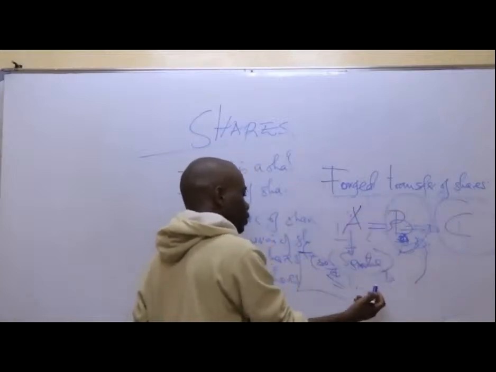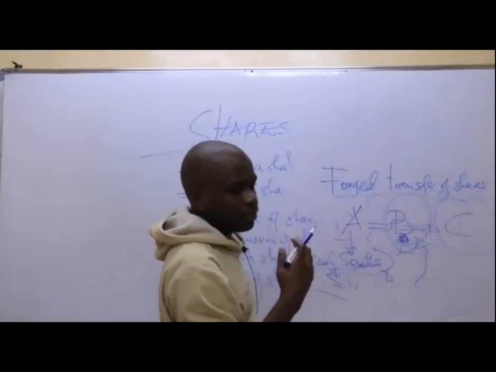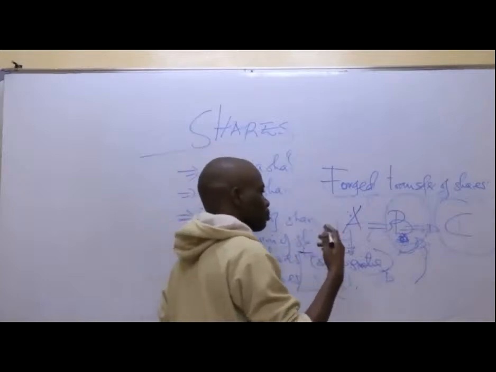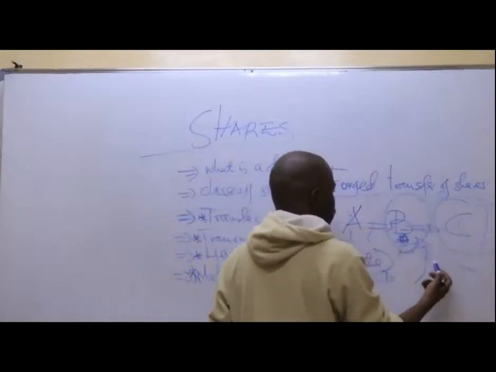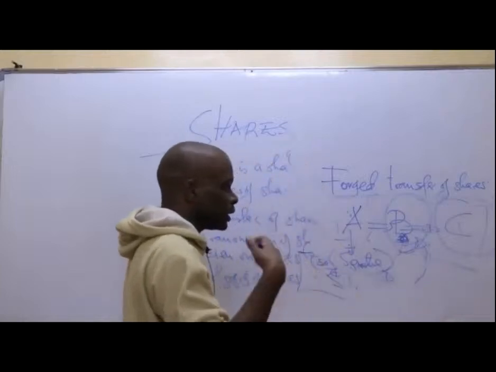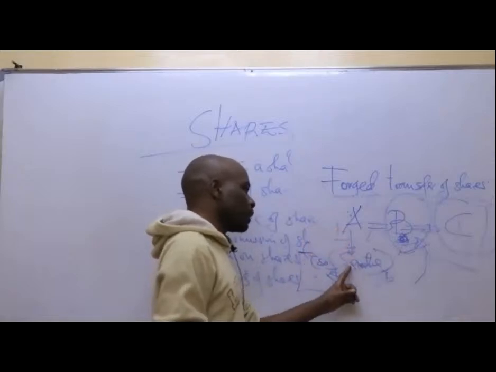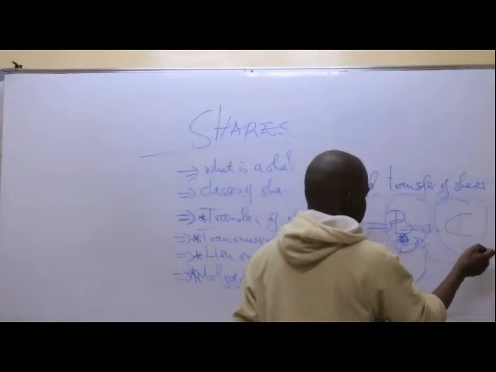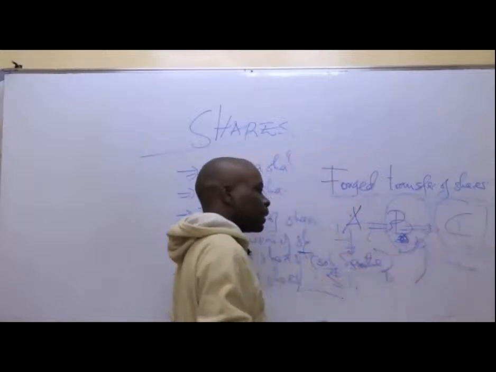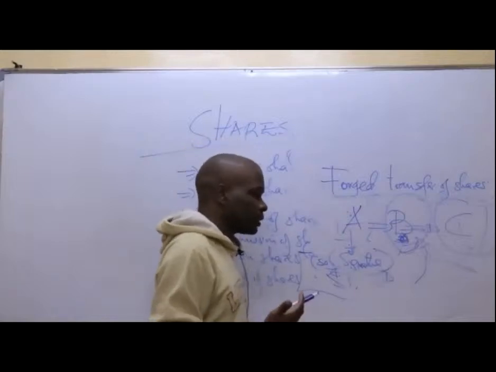Yes, he will be entitled, because any forged transfer of shares, it doesn't matter whether this person acquired the shares innocently in the company or in the open market. Originally, the shares moved from the original owner through a forged transfer of shares. Party C won't be entitled to the shares because any forged transfer of shares is null and void and will never pass title.